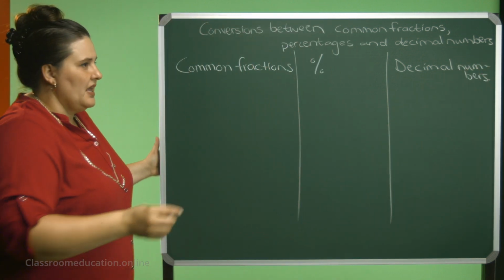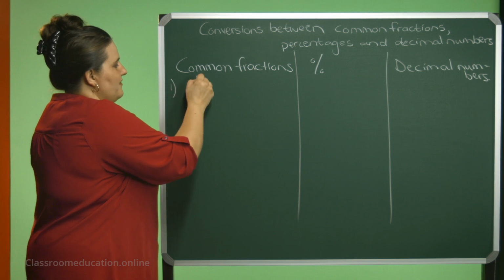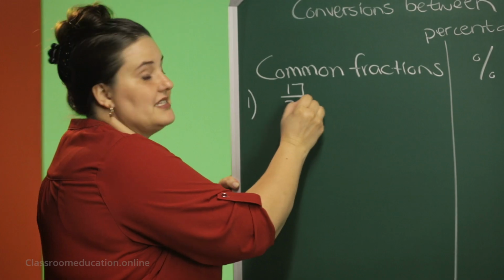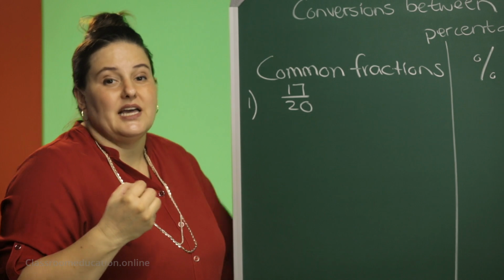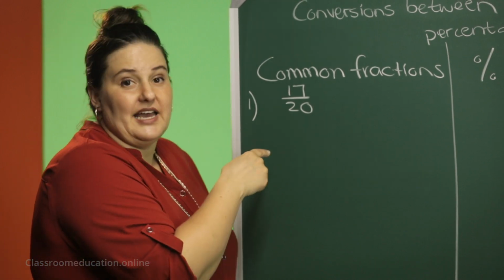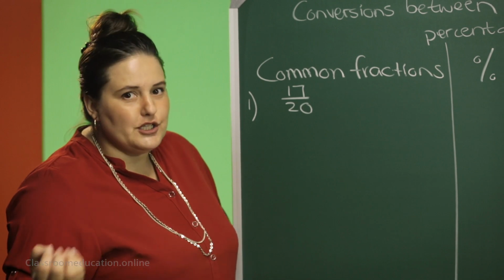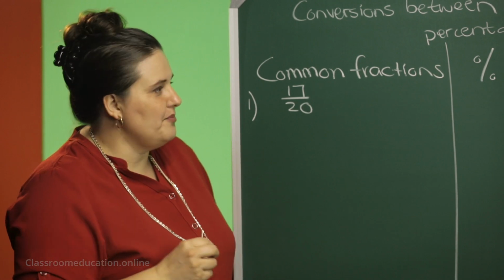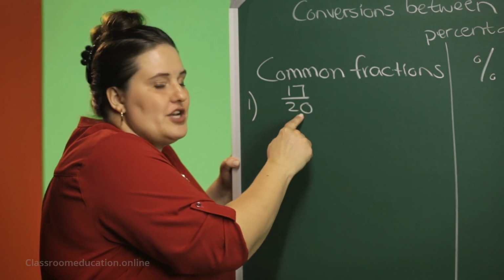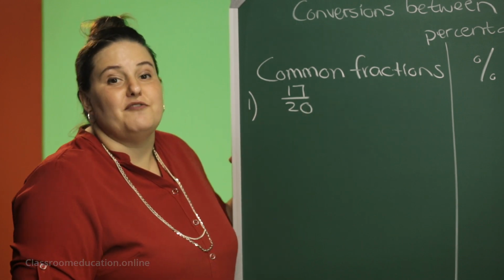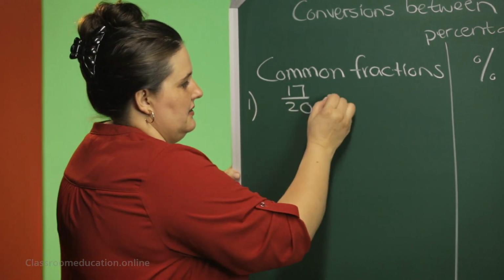First example. If I'm giving you 17 out of 20 as a common fraction, and I would like you to rewrite that as a percentage and a decimal number, what will you do? Very important. We need to change the 20 to become a value out of 100.